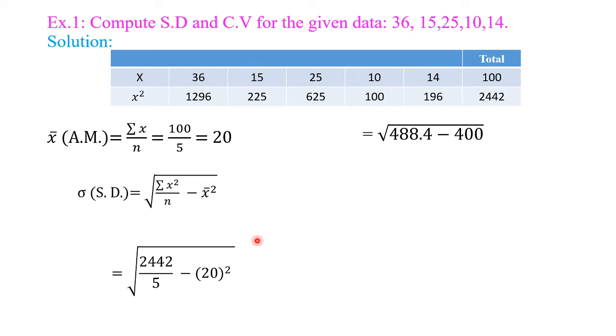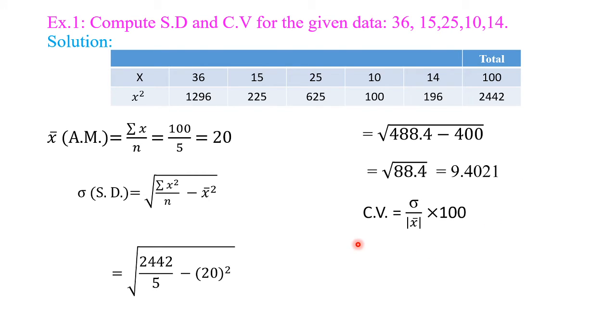After solving this, we get the square root of 488.4 minus 400. So we get the square root of 88.4, which is equal to 9.4021.